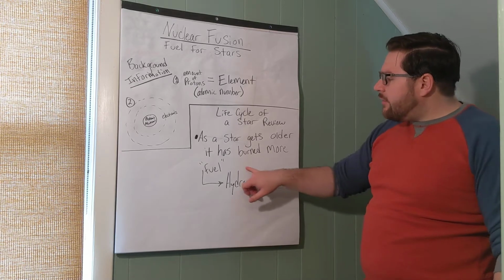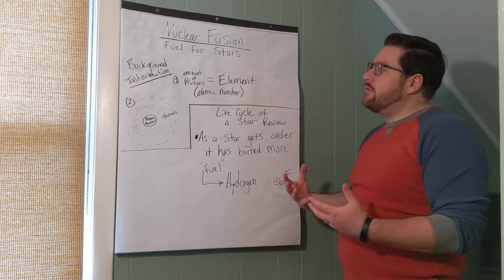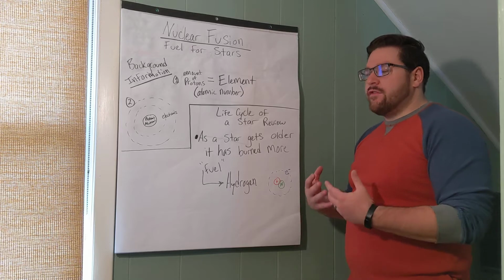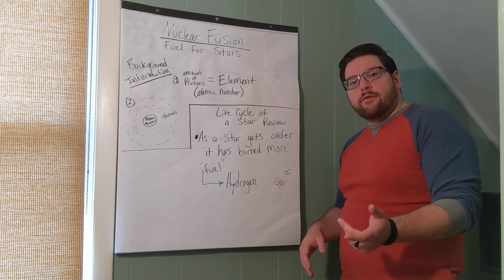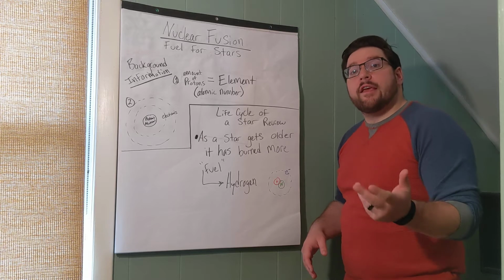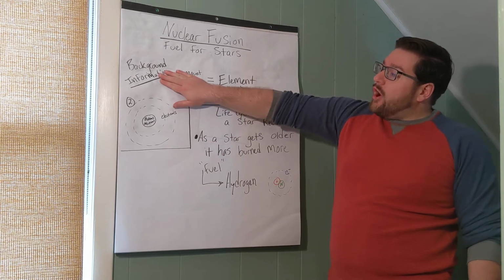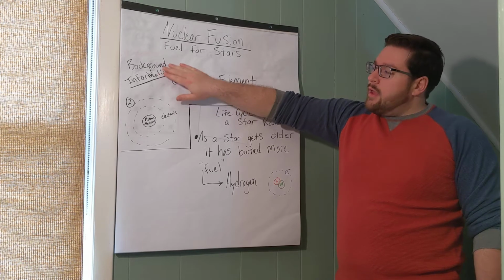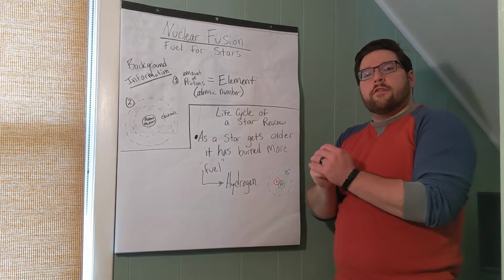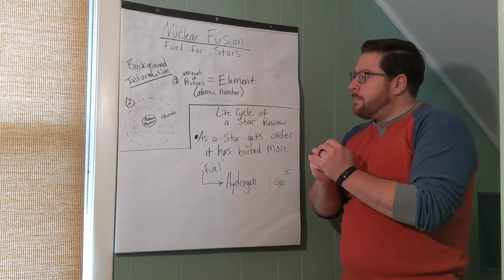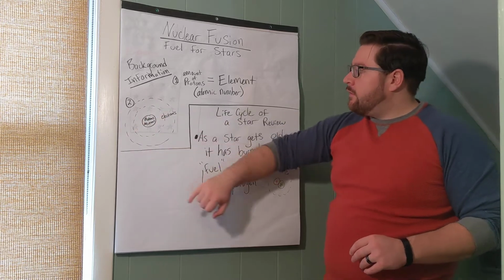And to really understand what's going on inside a star, we need to go back to those basics of atomic structure. Some of you might remember from Fundamentals of Chemistry, or some of you might not have taken it, but we'll get there, that the atomic structure has protons and neutrons in what we call the nucleus, the core of the atom. And then surrounding that nucleus are electrons.